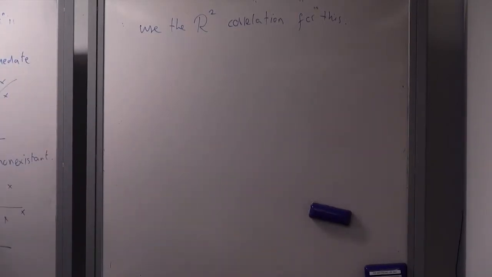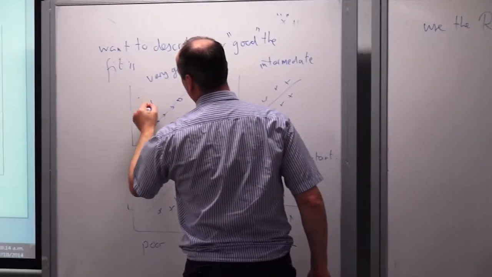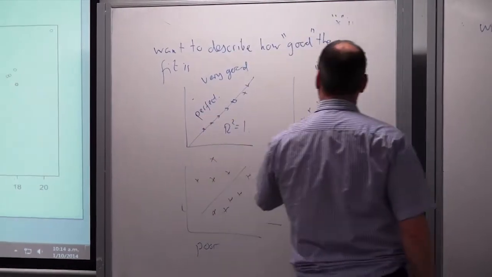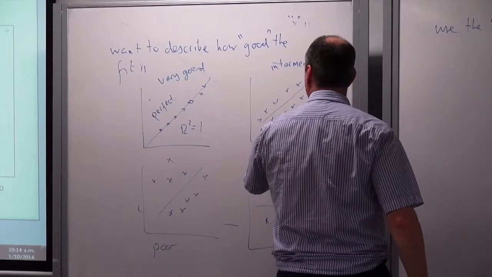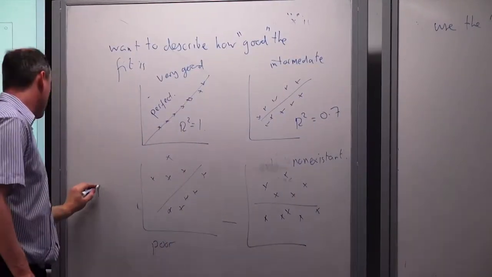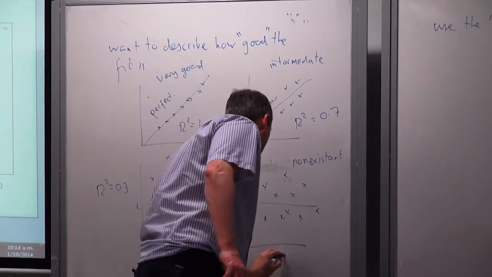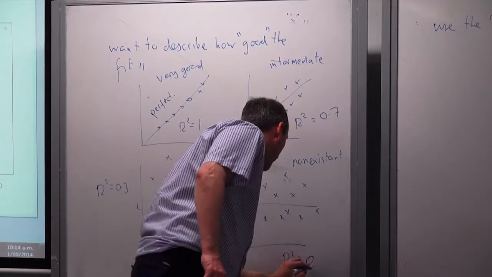R squared equals 1, actually, for perfect. R squared will be something like 0.7 for that one. This one would be R squared equals 0.3. And here R squared equals 0.